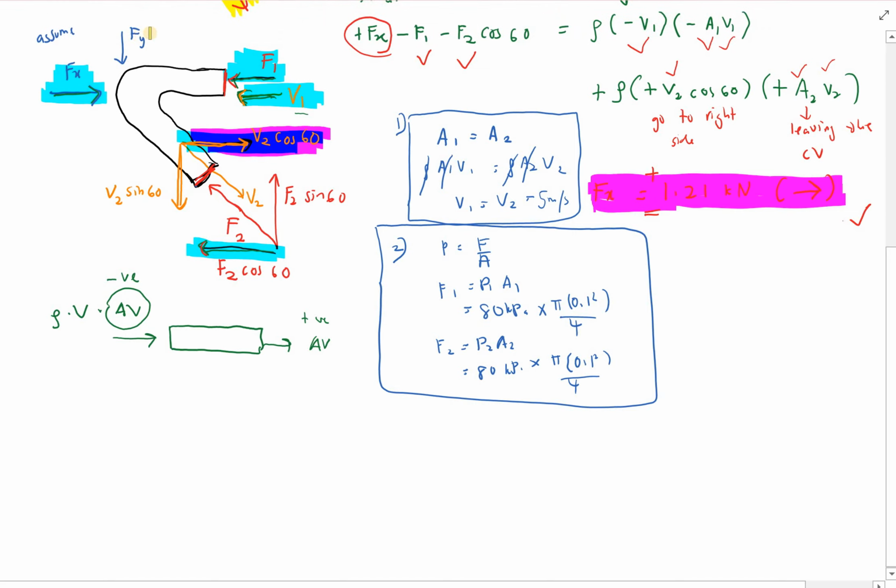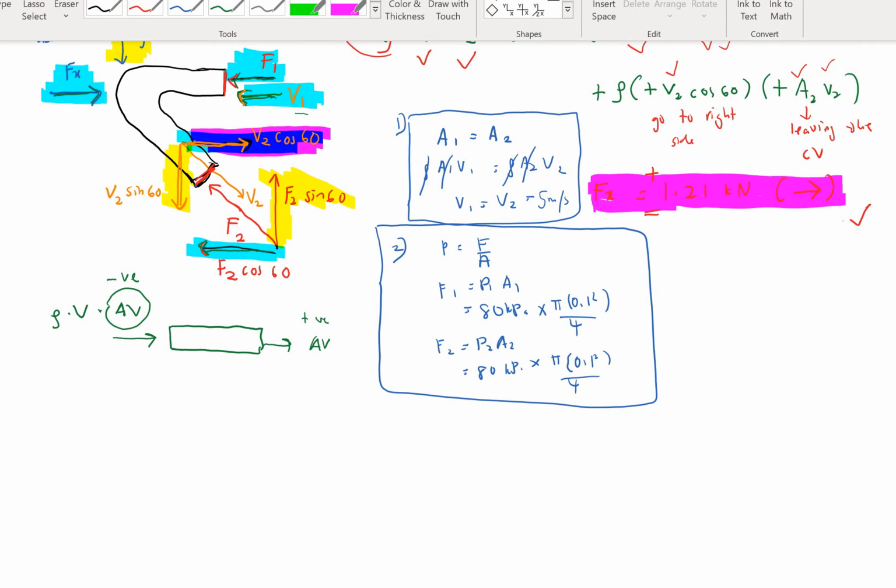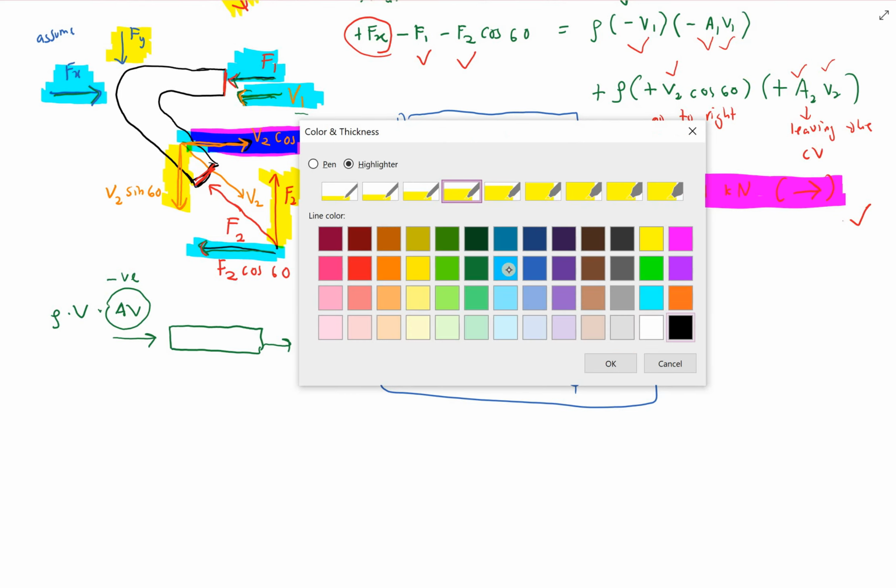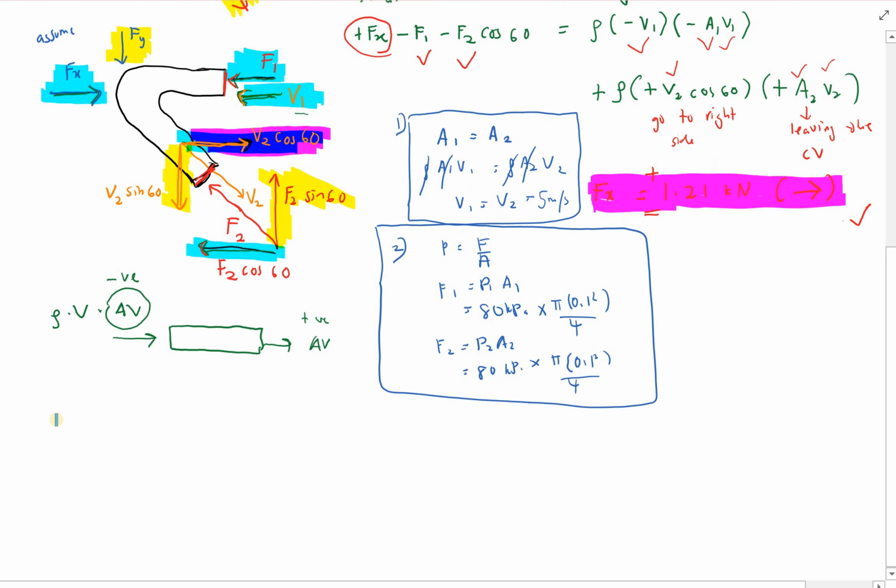Let's highlight all your Y forces in yellow color. So 1, 2, 3. You have 3 vertical forces, the yellow ones.